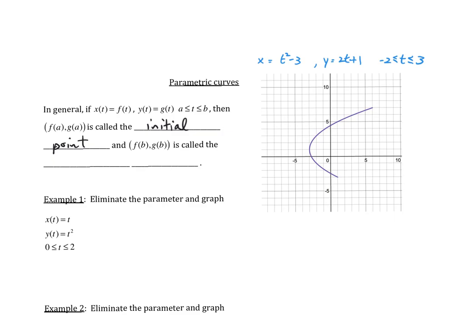And when we have f of b, g of b, that's called the terminal point. So the word terminal means something ends. So like when you fly at an airport, you land at the terminal, that means that's the end of that leg of the trip. Or if you have a terminal disease, that means you're nearing the end of your life.